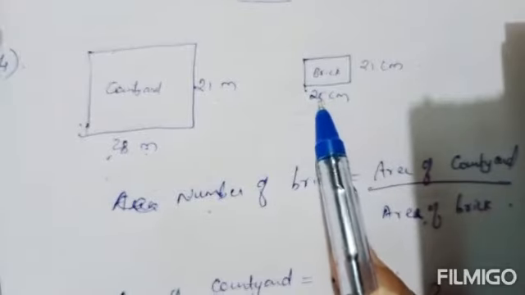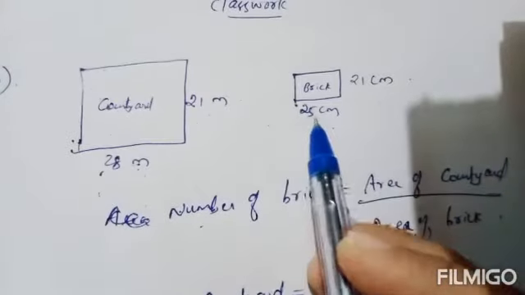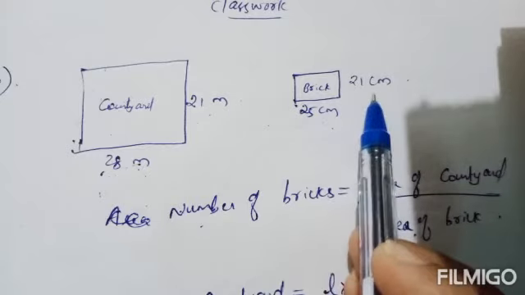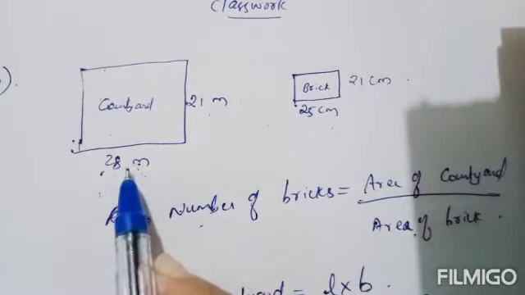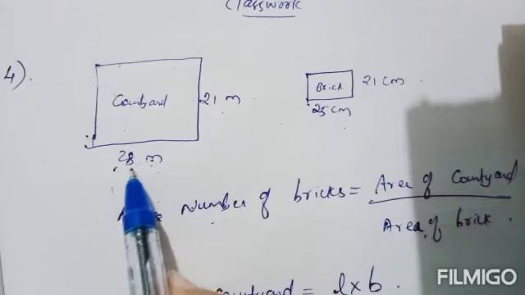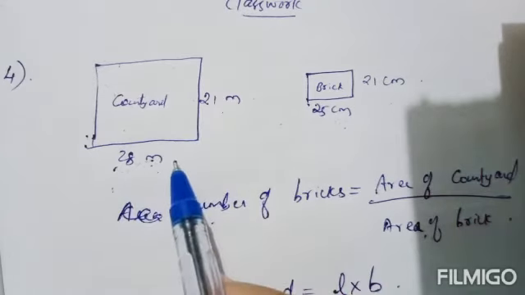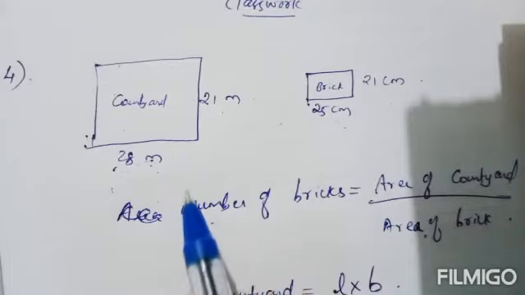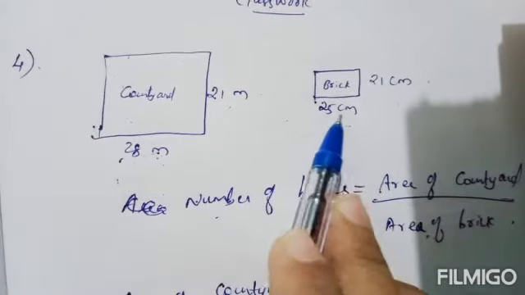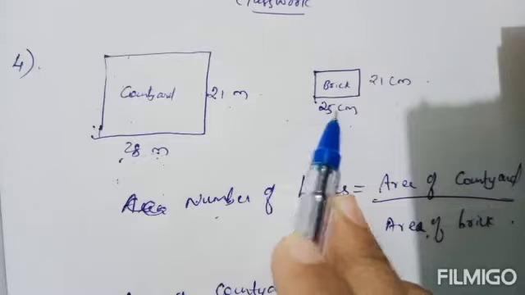Now we need to find the area of brick. Here the brick's length is given as 25 centimeter and breadth is 21 centimeter. But the length and breadth of the courtyard are given in meter, so we have to make the unit the same. Then only we can find the number of bricks. So let's convert centimeter to meter.